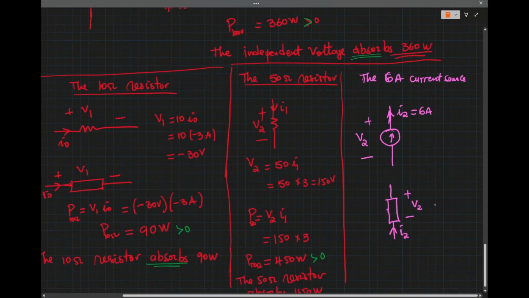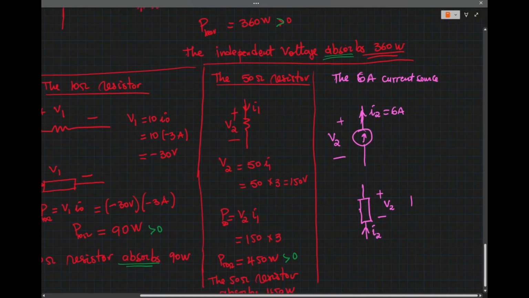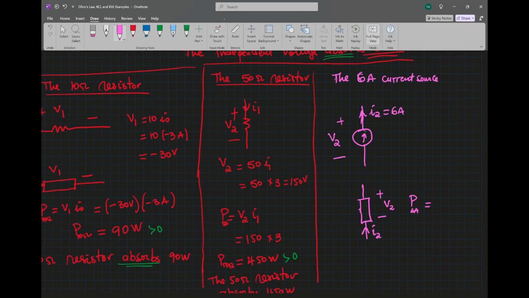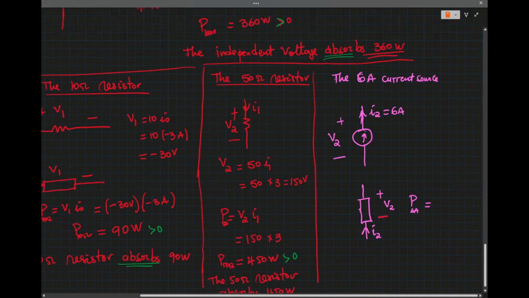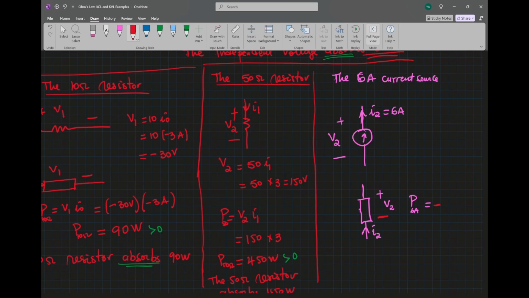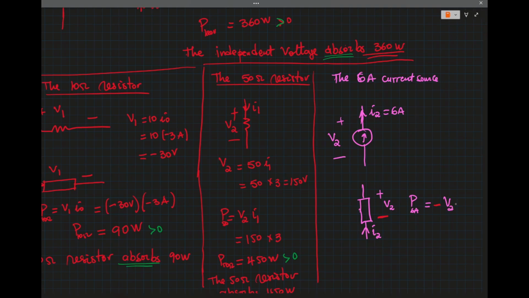So P of the 6 amps source will be equal to, because of this polarity, current is flowing from minus to plus, so minus V2 I2.